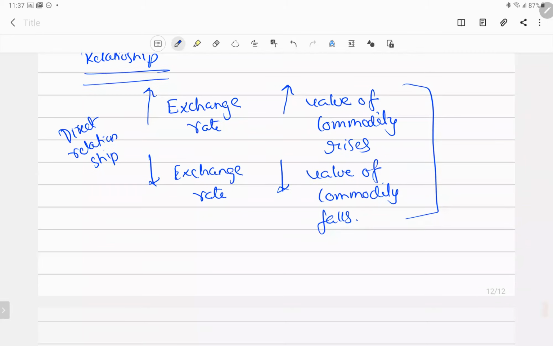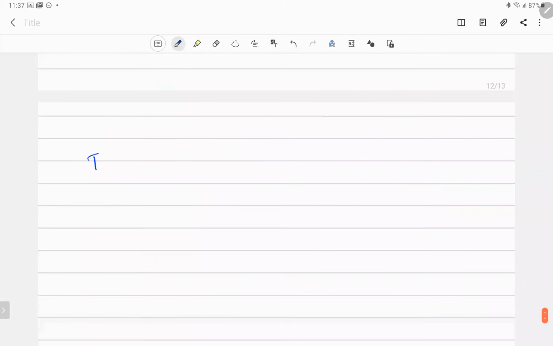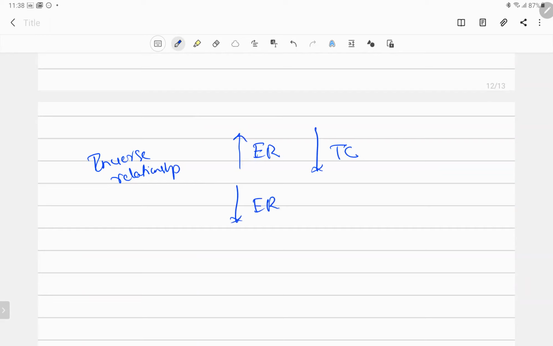Now the inverse relationship. When there is a rise in exchange rate, there is a fall in term currency. In the same way, when there is a fall in exchange rate, there is a rise in term currency.